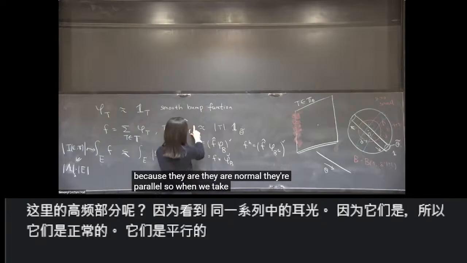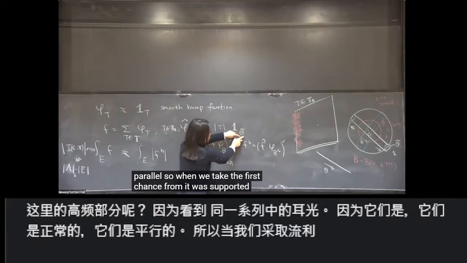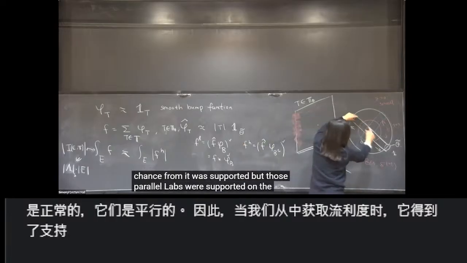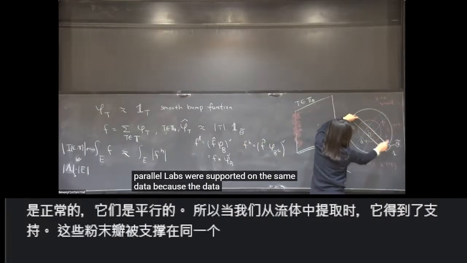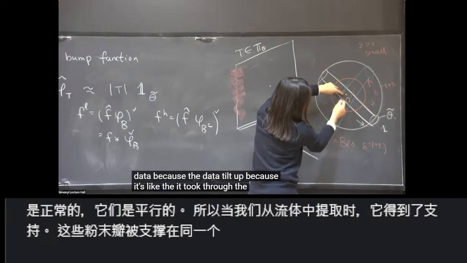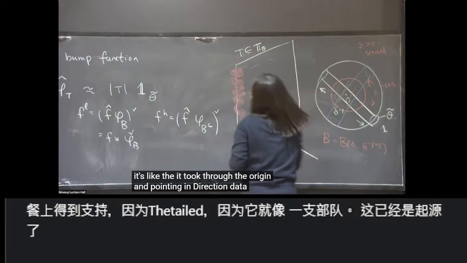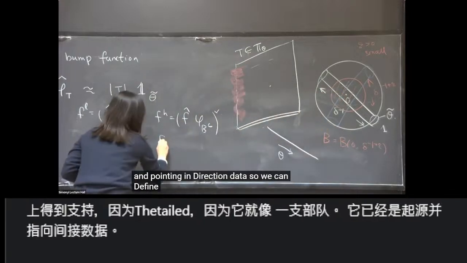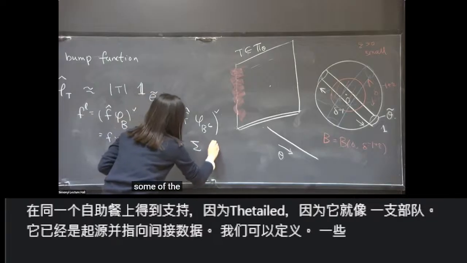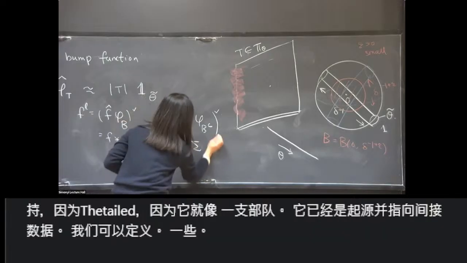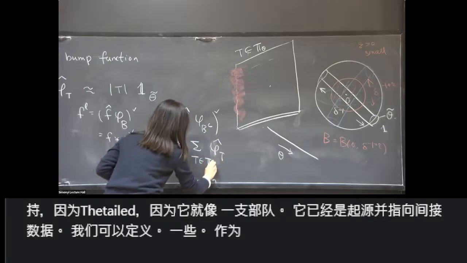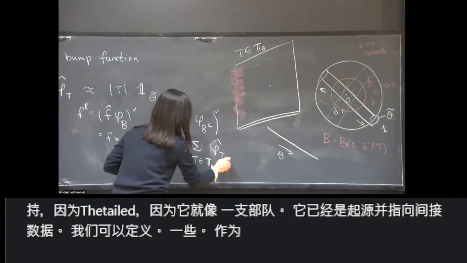So when we take the Fourier transform, those parallel slabs are supported on the same theta tilde, the tube through the origin pointing in direction theta. So we can define f theta as the sum over t in the same direction.